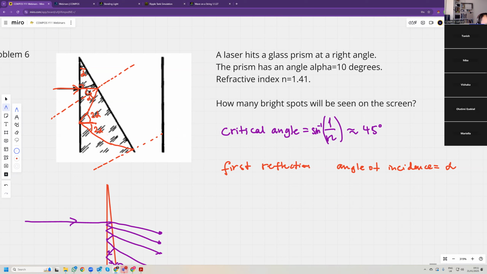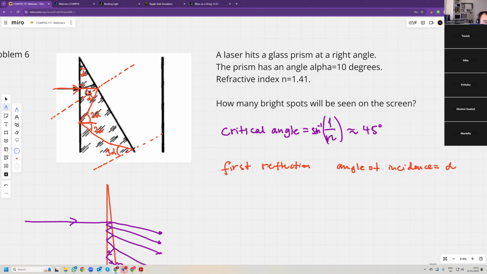So this is horizontal. So this is 2 alpha. Now, if this was horizontal, that would be 2 alpha. But it's actually 3 alpha now.